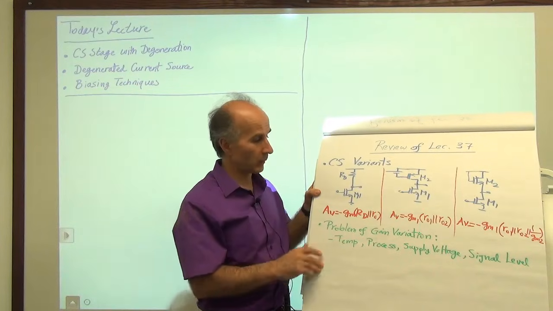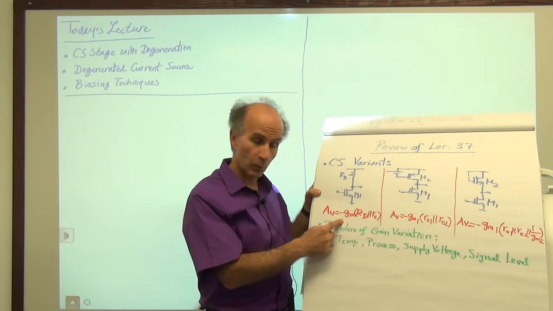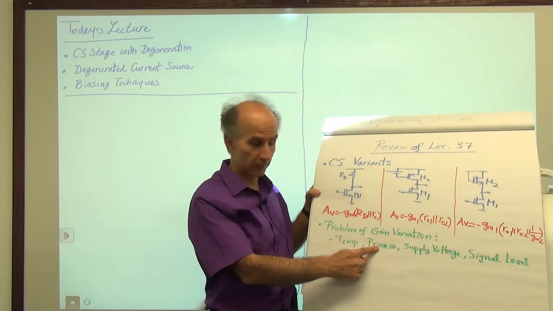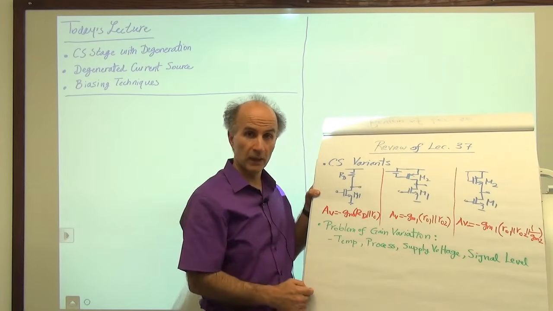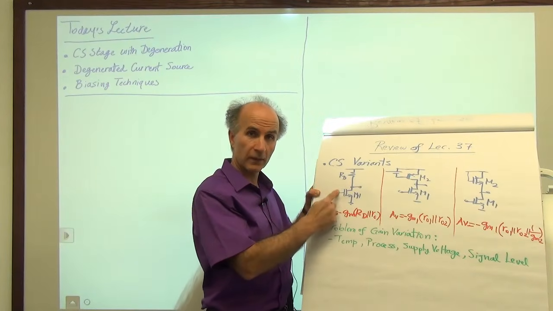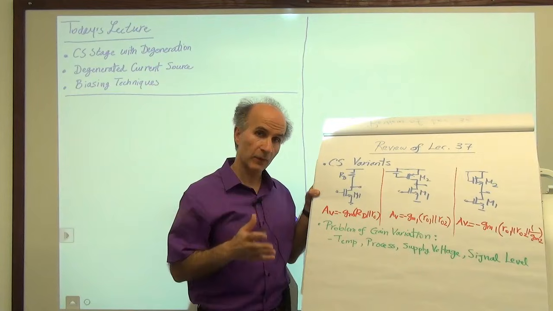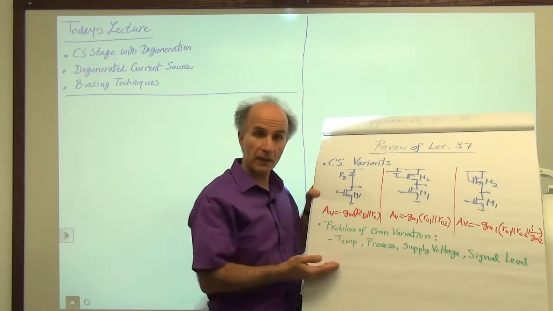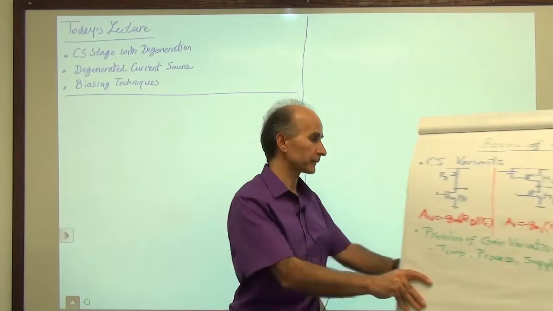We saw that when we analyze the gain of these stages, they are prone to change with the temperature, the process, meaning from one wafer to another wafer, with the supply voltage, and finally even with the signal level, meaning that if we apply a small signal here versus we apply a larger signal, the gain of the stage may vary. So the common source stage that we will look at now tries to address this variation and tries to reduce it. So let's see how that works.